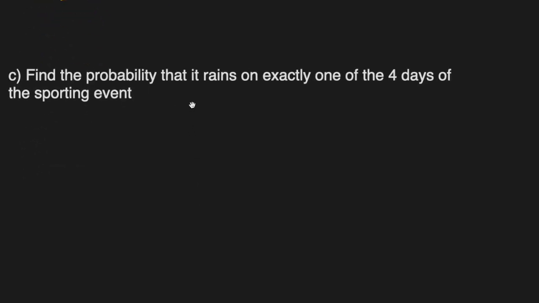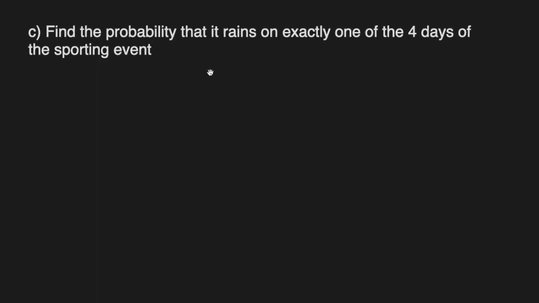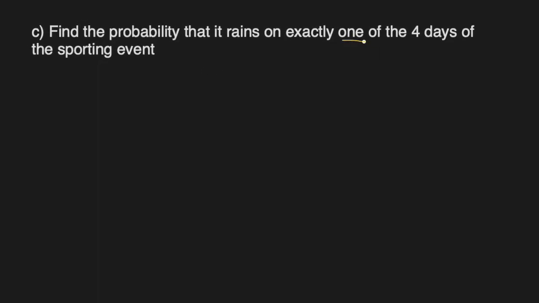Alright, the C part says find the probability that it rains on exactly one of the 4 days of the sporting event. So, what are the 4 options? That means rain on the first day, but no rain on the next 3 days.